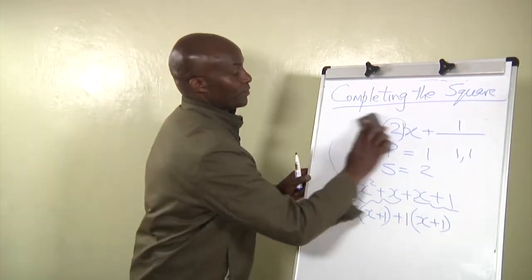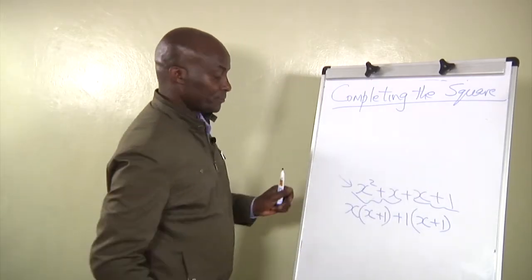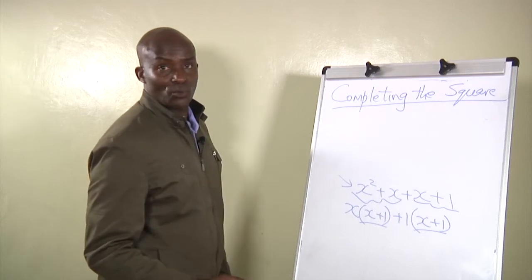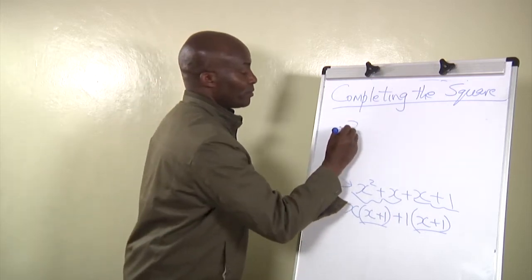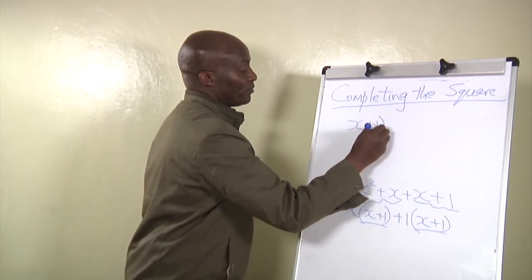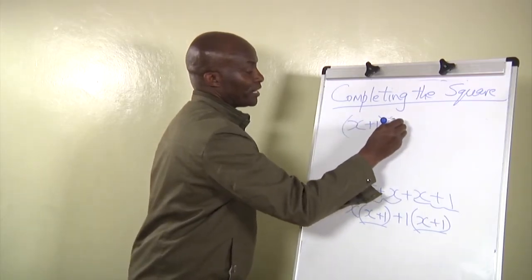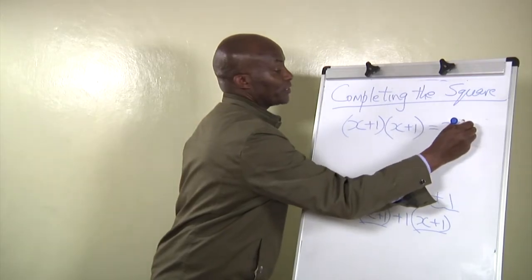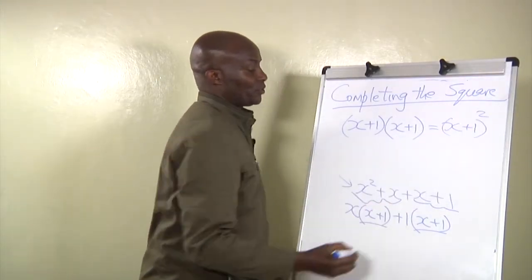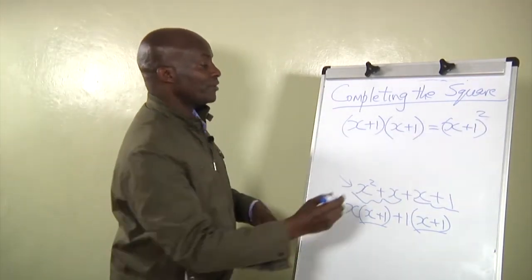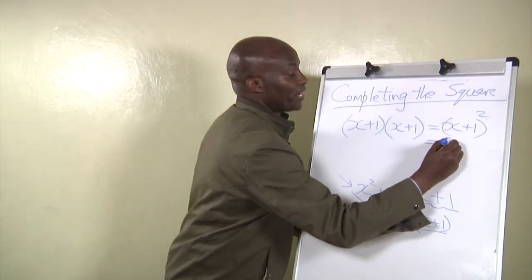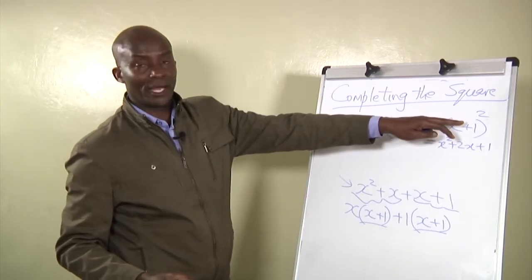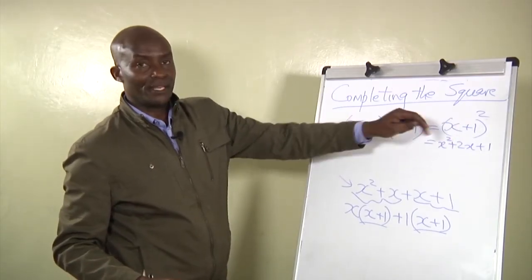Therefore, x plus 1 is common, so we factor it out, and we have x plus 1 times x plus 1, which equals x plus 1 squared. So you can see our expression x squared plus 2x plus 1 is a perfect square because it can be written in that form.